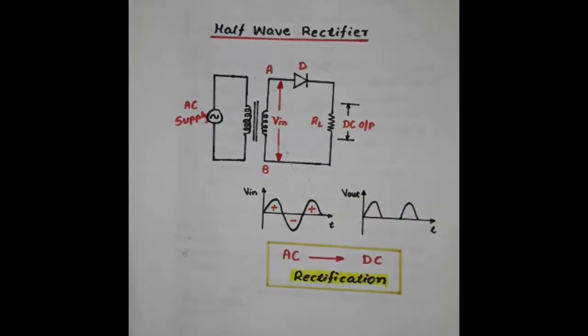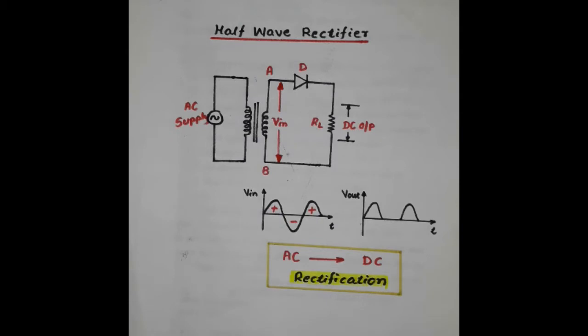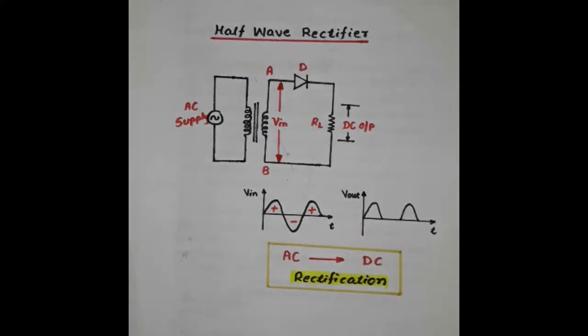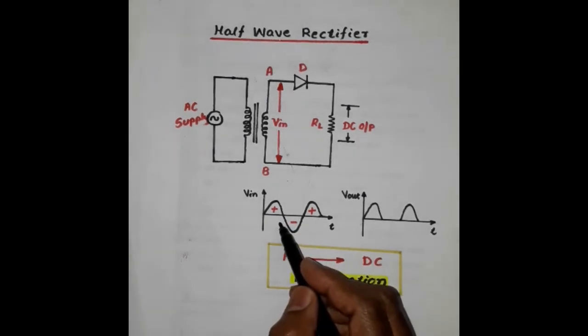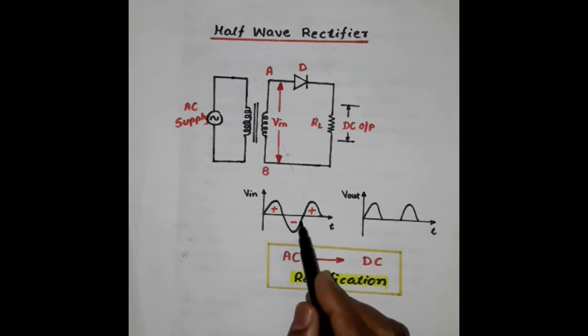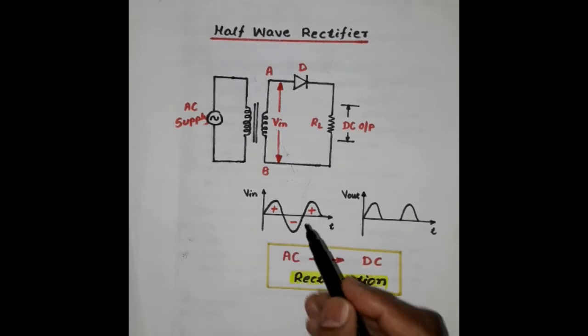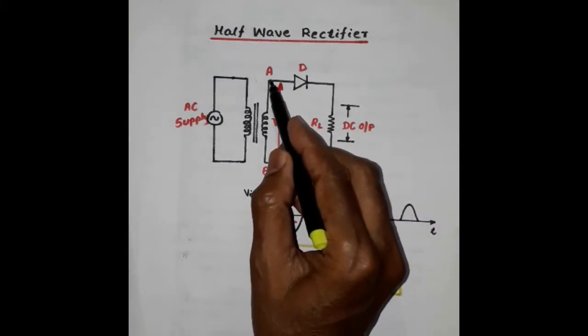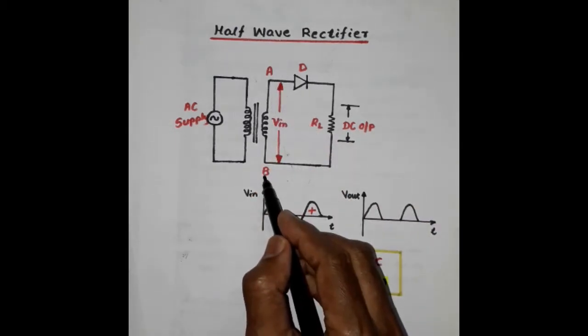Now here we have to see how it works, how half-wave rectifier converts AC into DC. So this AC, which acts as input AC for rectifier, changes polarities for every half cycle. When there comes positive half cycle of the input AC, the end A becomes positive and end B becomes negative.